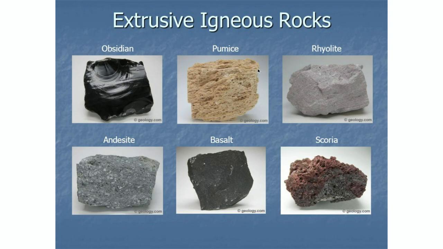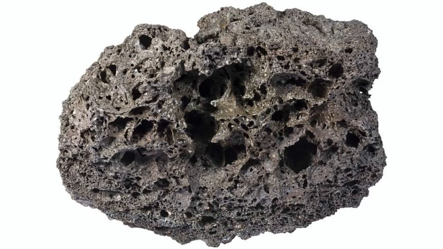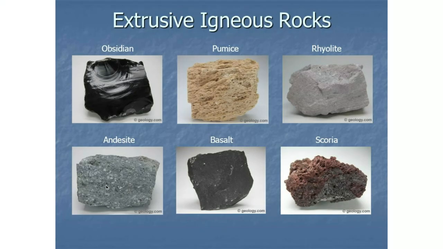So this rock here, this rock here, this rock here, they have individual mineral crystals, but you need magnification to see it. This picture here is not a very good example of intrusive, or I'm sorry, extrusive igneous rock. You can almost see the individual mineral grains, but it's still formed extrusively.